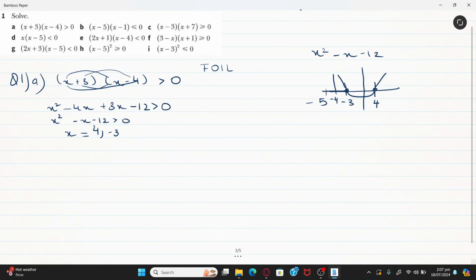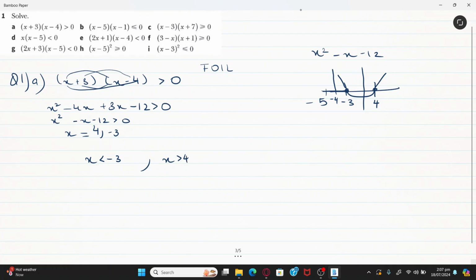When we go to -4, we have a positive value, and the graph is greater than 0. So we're going to write x is lesser than -3.